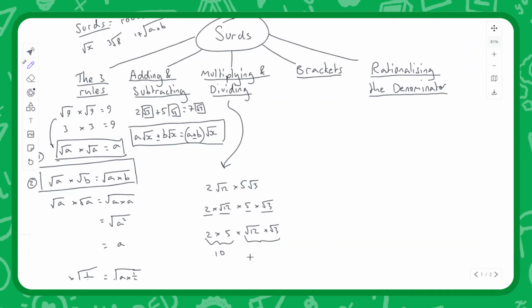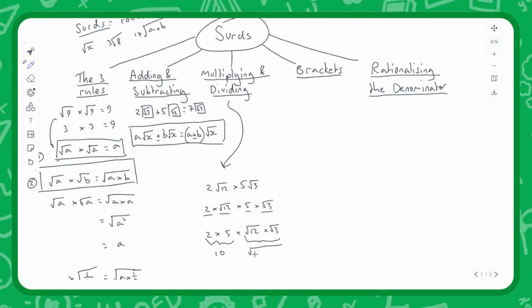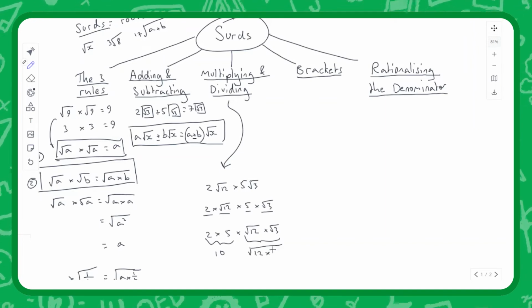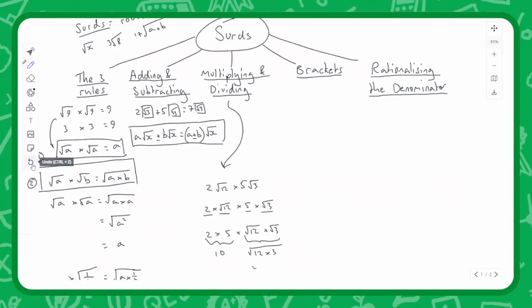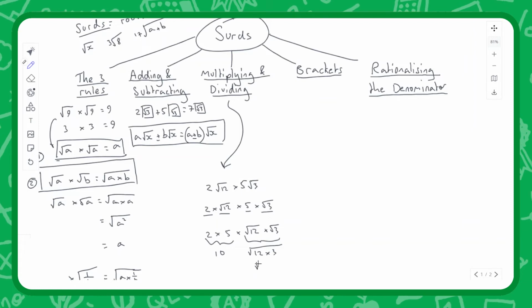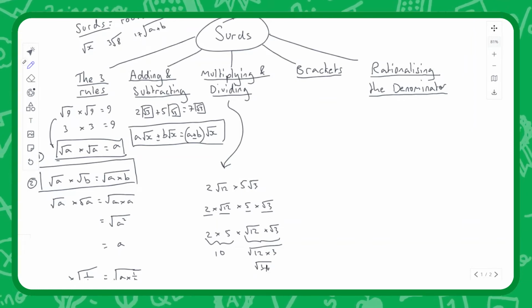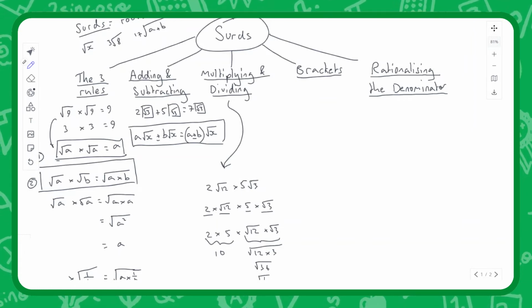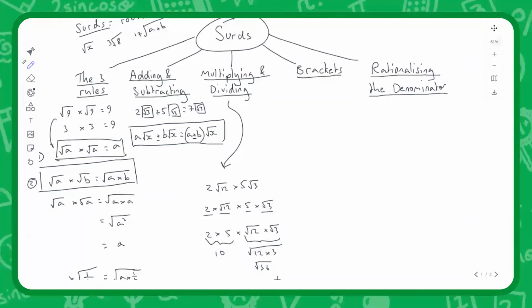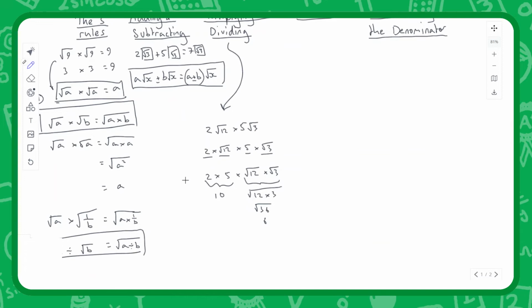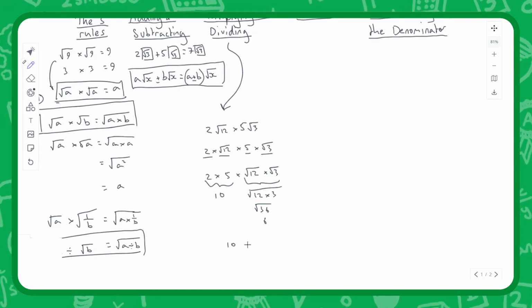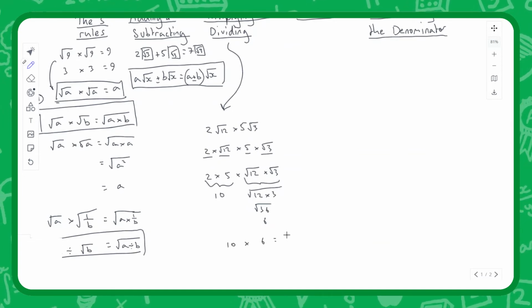And we can say this is the exact same as the square root of 12 times 3, which is the exact same as the square root of 36, which is the exact same as just 6, isn't it? So what we end up with is just 10 times 6. And that gives us 60.